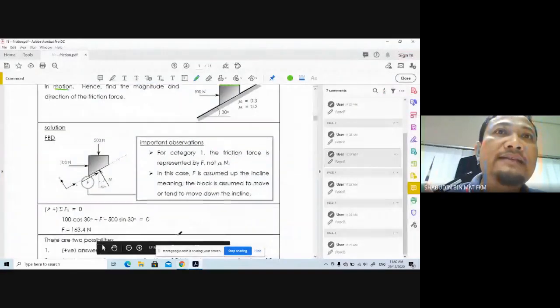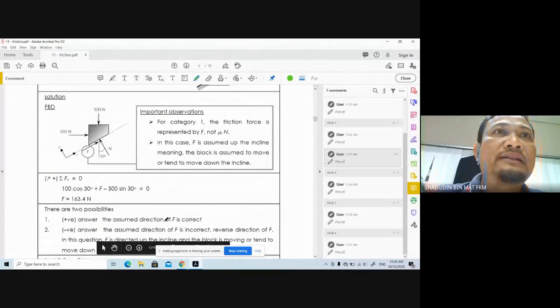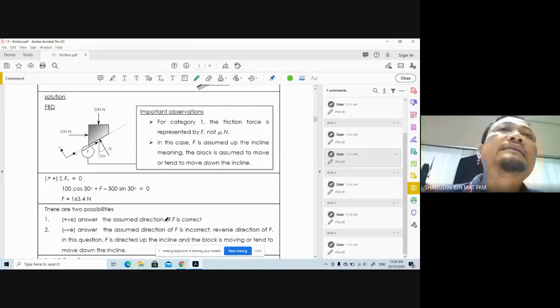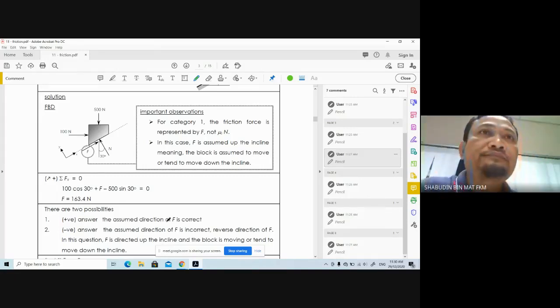As an engineer, what you should do now is predict whether this force is going up or going down. So this is the free body diagram. 500 Newton going down.